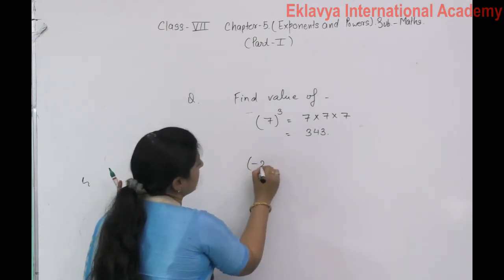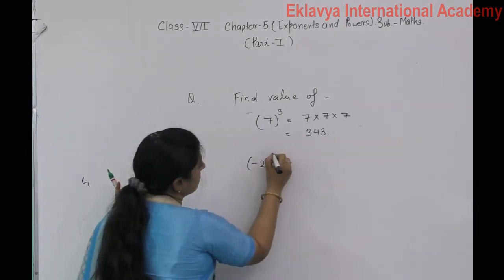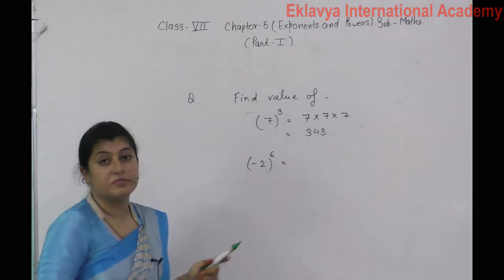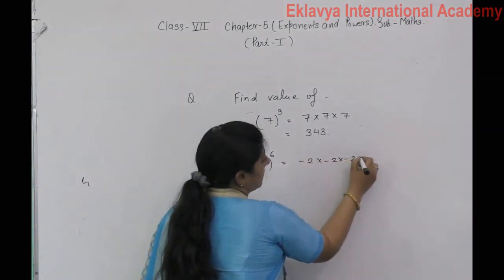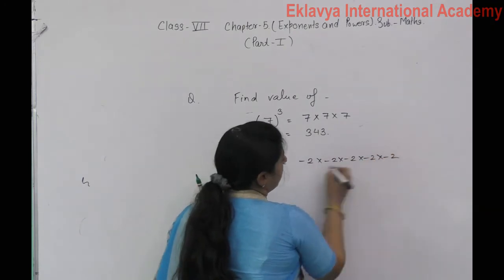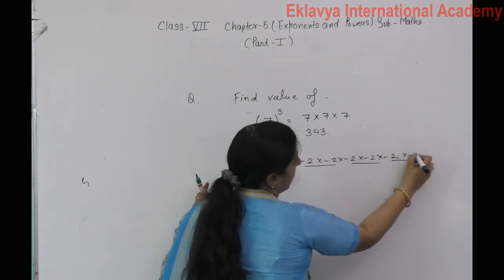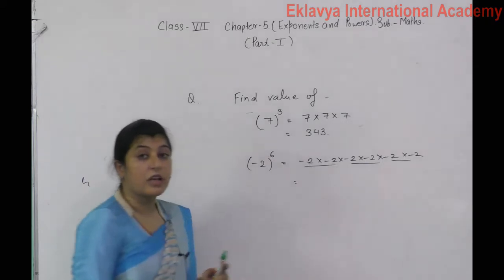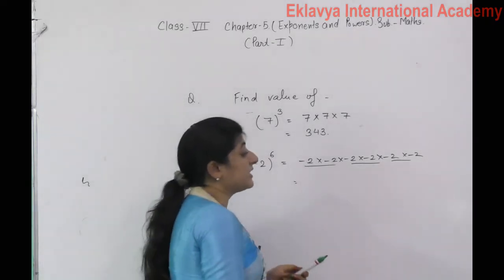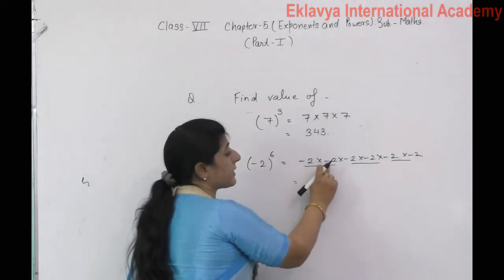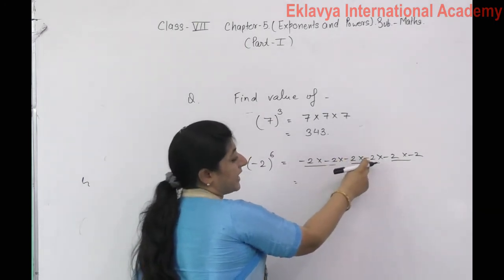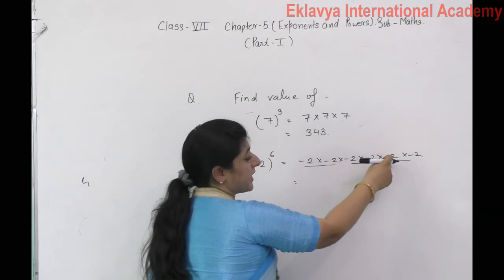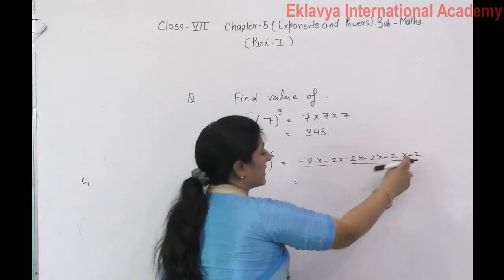Suppose there is minus 2 power 6. That is minus 2 multiplied by minus 2 multiplied by minus 2 multiplied by minus 2, and so on. Firstly, see the minus sign. See here how to do it: minus minus gives plus, plus, minus minus minus minus plus plus, minus minus minus minus plus.